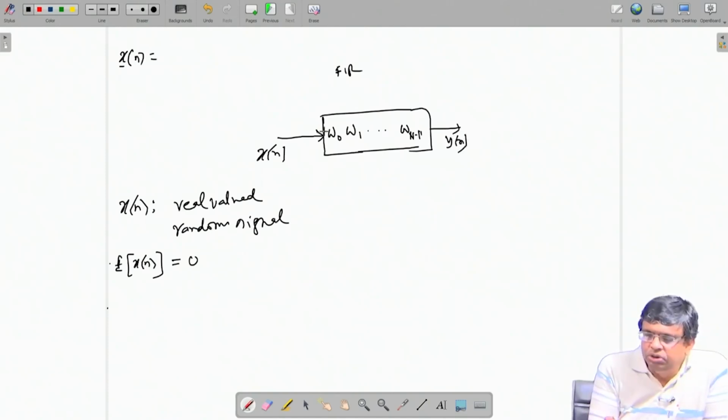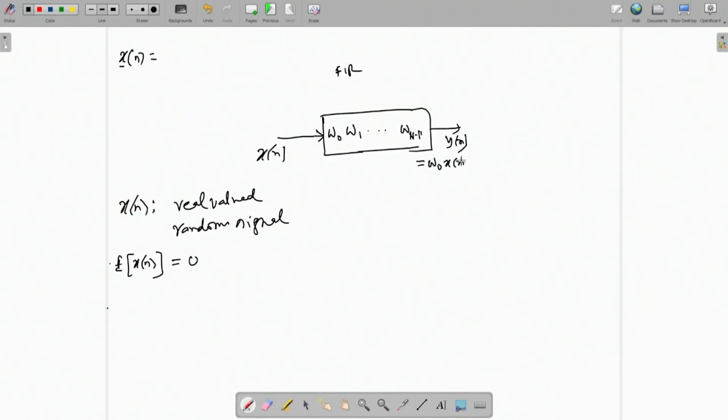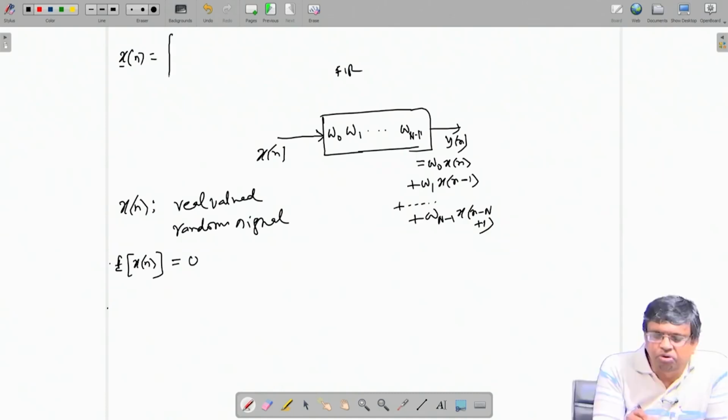Output you can write as W0 times x n, convolution sum, W1 times x n minus 1 plus dot dot dot, last one is W n minus 1 times x n minus n plus 1. Alternatively, you can write in a matrix vector form.